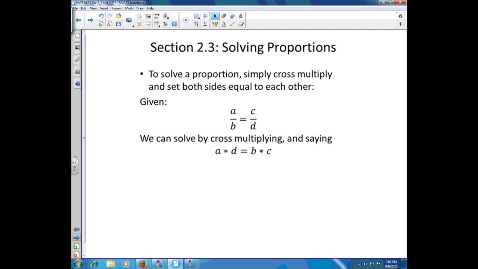Finally, we need to talk a little bit about solving proportions. To solve a proportion, you simply want to cross multiply and set both sides equal to each other.